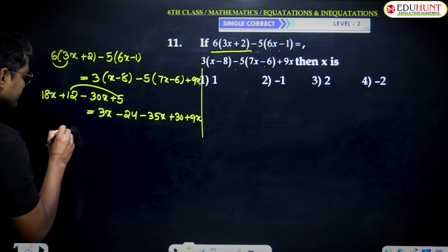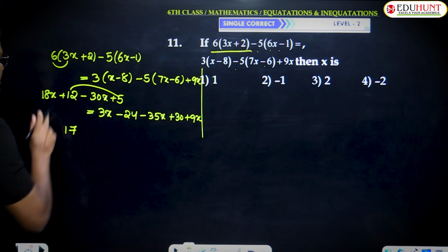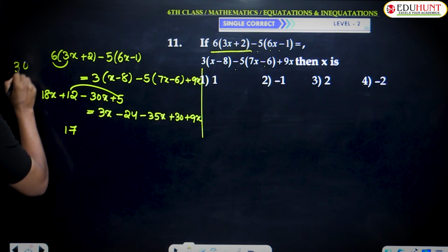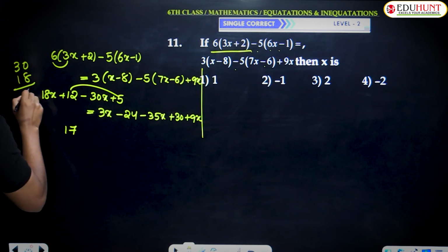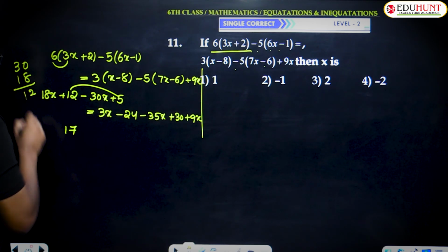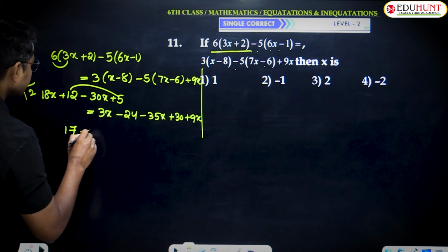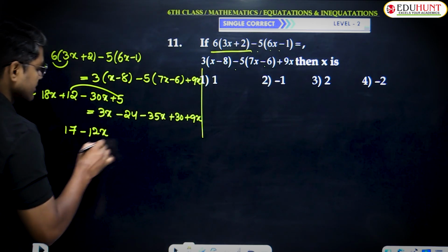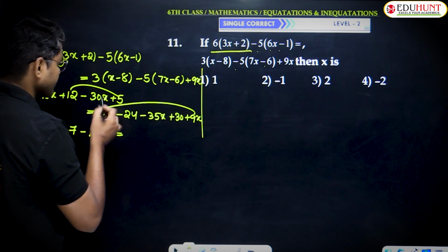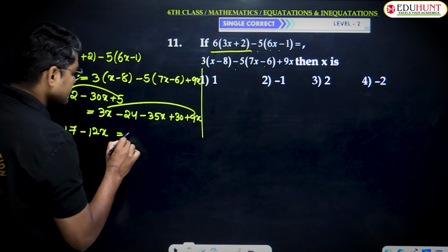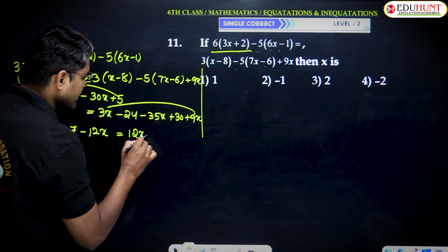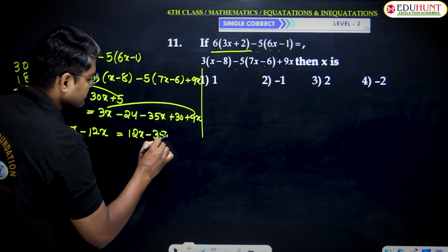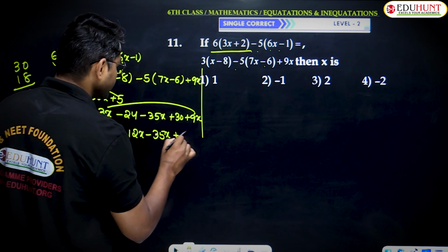This is 17. 30 minus 18. Minus 12x equal to 12x minus 35x plus 6.